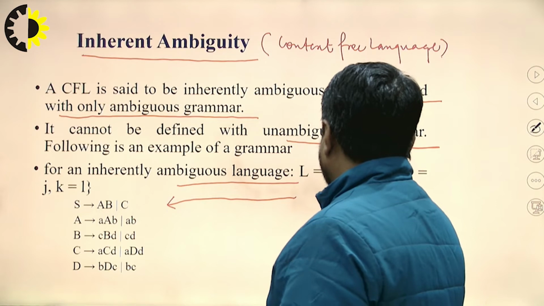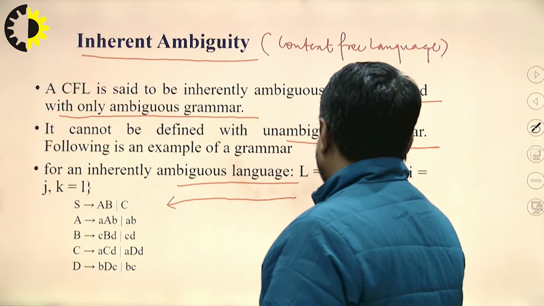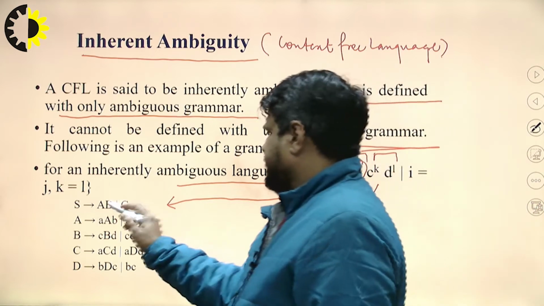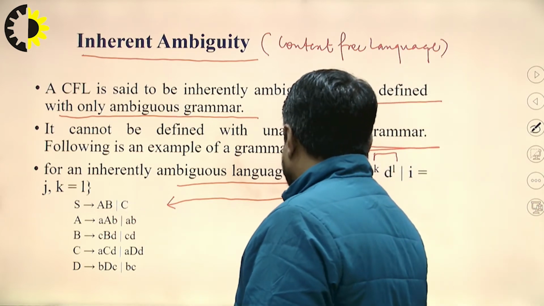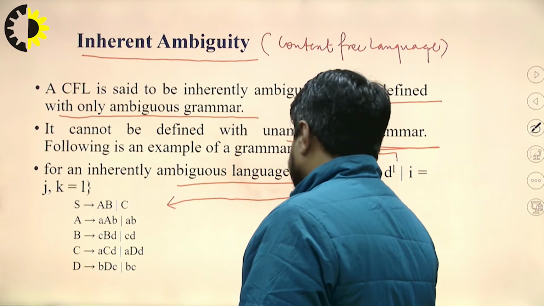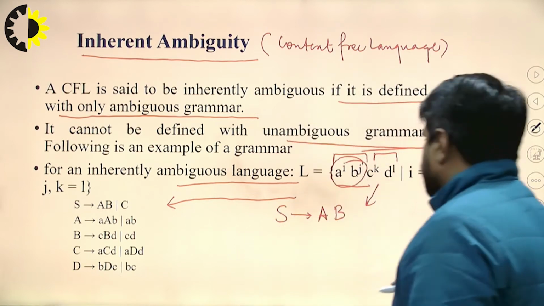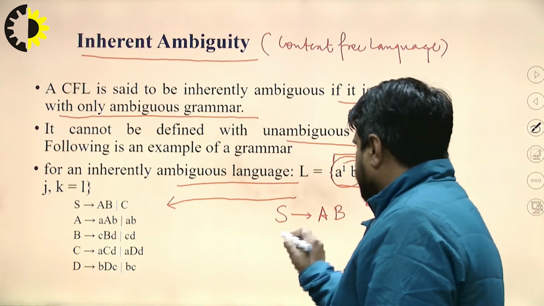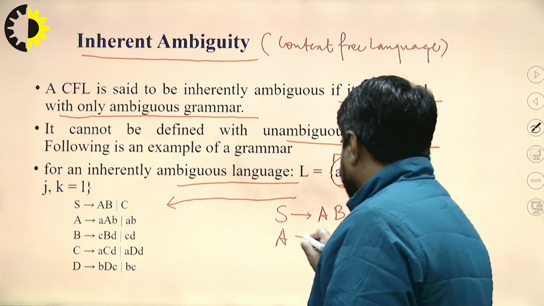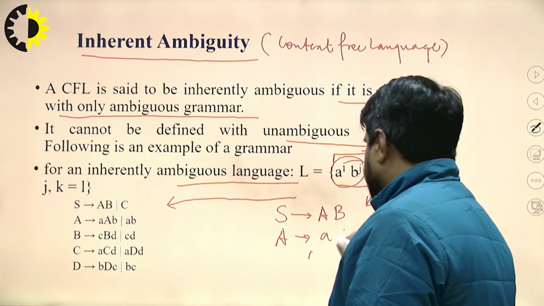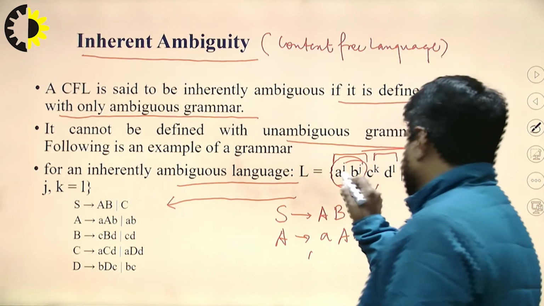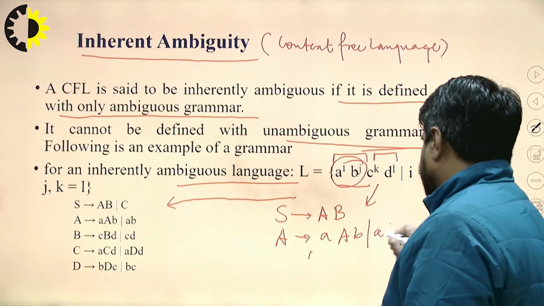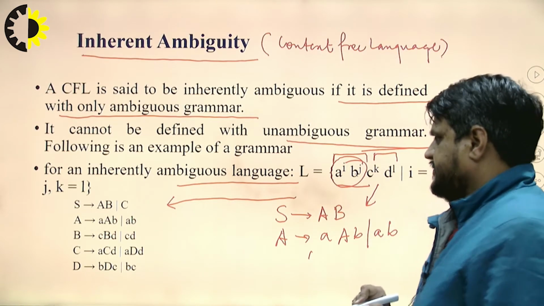What is the possibility of A? The counts must be the same, i equals j. So you start from the starting symbol, S tends to AB, right? Now A will be what? A will be a A b, where a and b are the same count, terminating with ab, right?